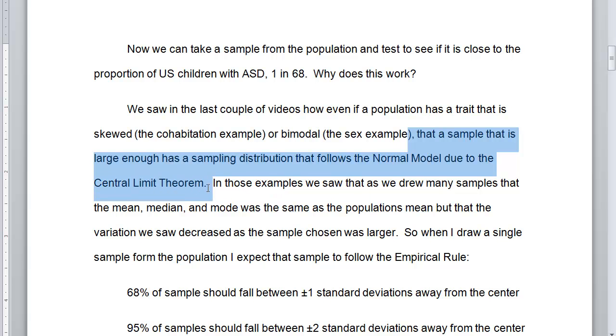We did two examples where, as long as our sample gets large enough to satisfy the criteria, the sampling distribution follows that normal model.